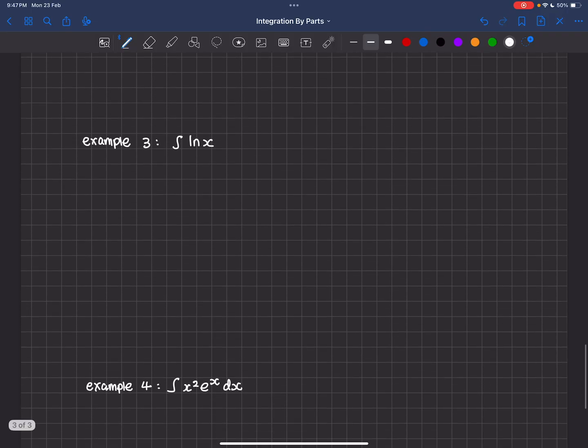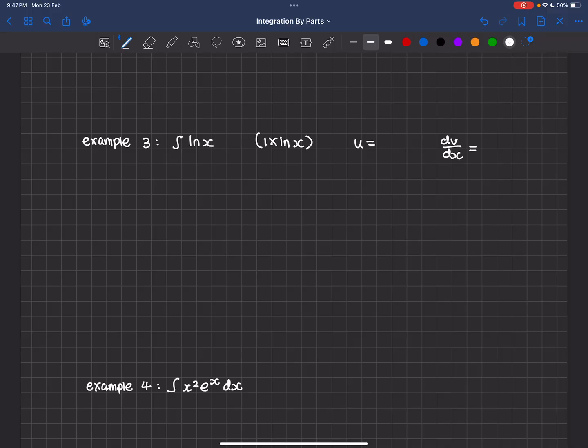Okay, let's move on to the third example, which is ln x. So by parts, right? So what do we do? In the exam, they won't tell you it's by parts, but every time you see ln x, you can do it by parts. So what's our u and what's our dv over dx? Well, we can actually write it as 1 times ln x.